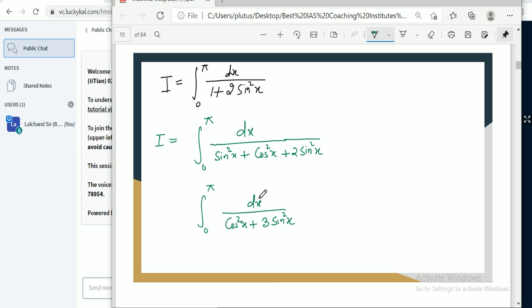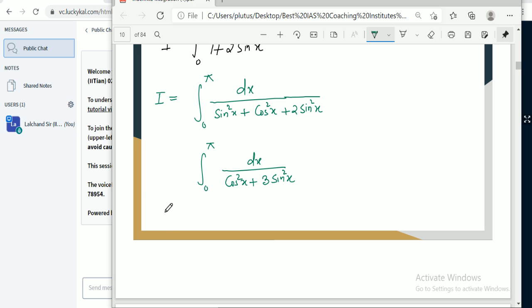So we must divide numerator and denominator by cos square x both.